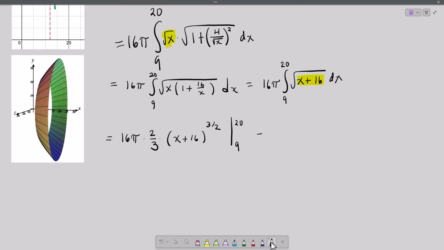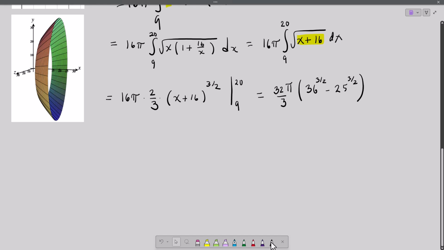We'll plug in our limits of integration. So we're going to have 32 pi divided by 3, and then this will be 20 plus 16, which is 36 to the 3/2 minus 25 to the 3/2. Those are perfect squares, so we can handle the denominator here.